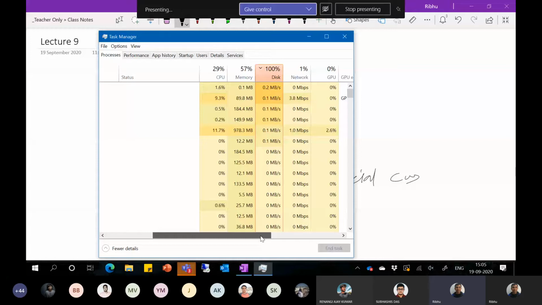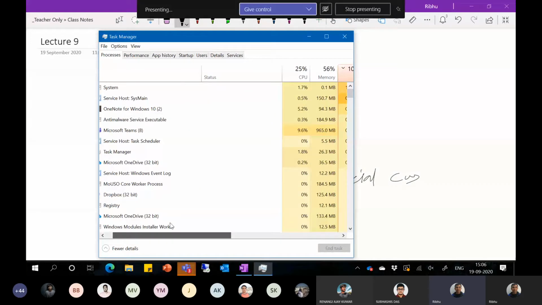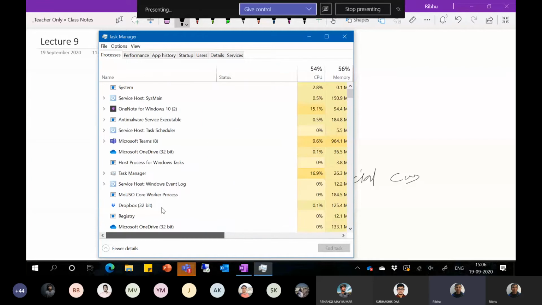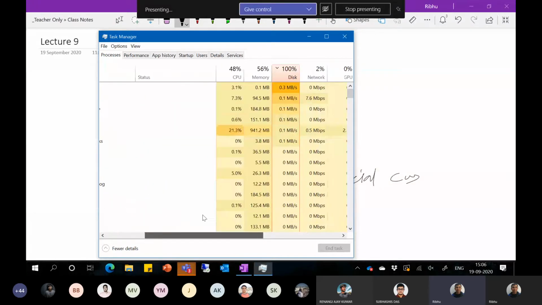Let's kill the programs with the highest disk usage. System has the highest disk usage, so I cannot even kill the program with the highest disk usage.